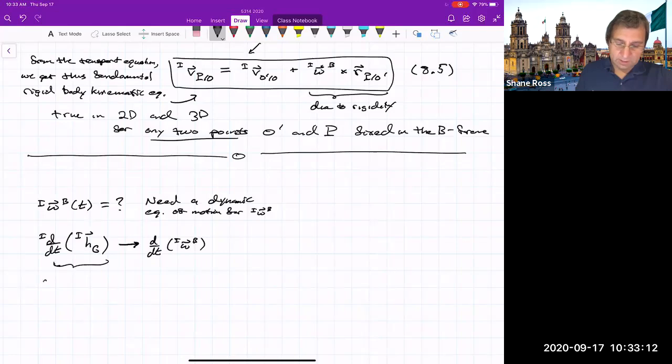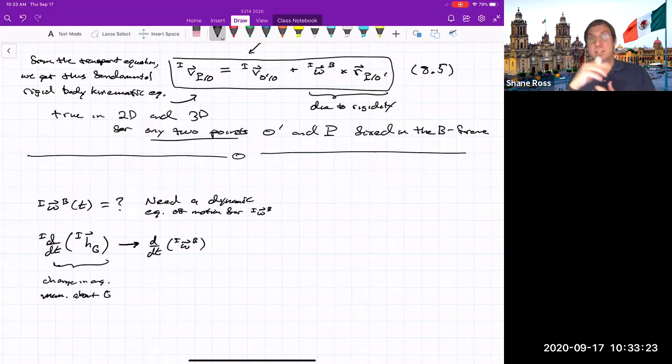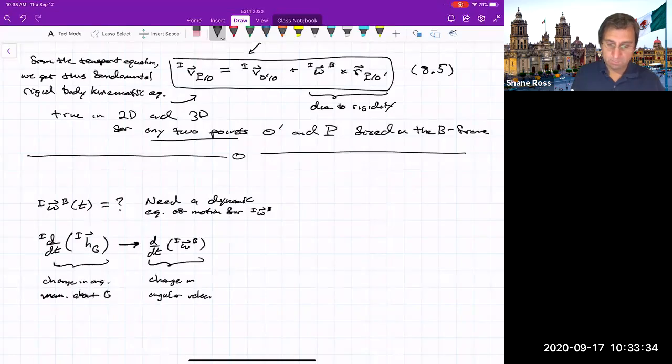This is the change in the angular momentum about the center of mass. And remember last time we said this angular momentum about the center of mass is just relative motion, motion relative to the center of mass. And then this is the change in the angular velocity. And if we know how that changes, then we've described how the body is moving, how the body is rotating.